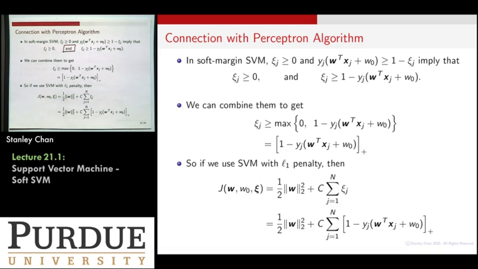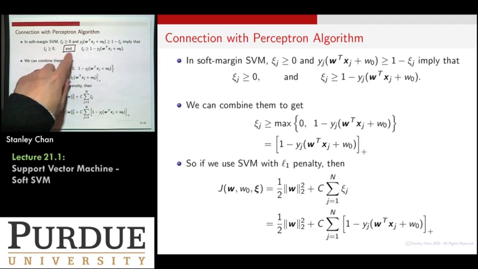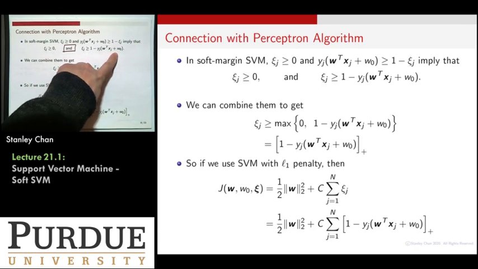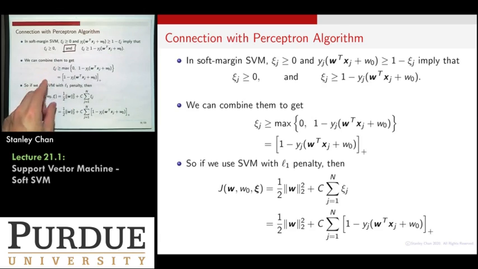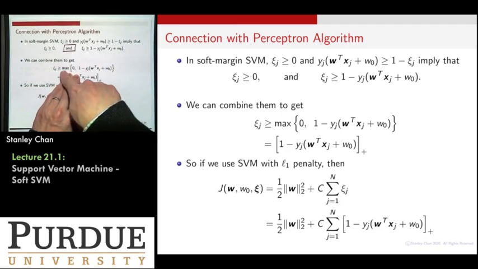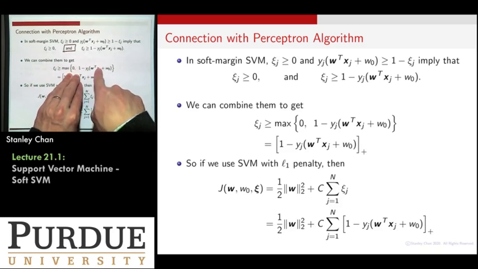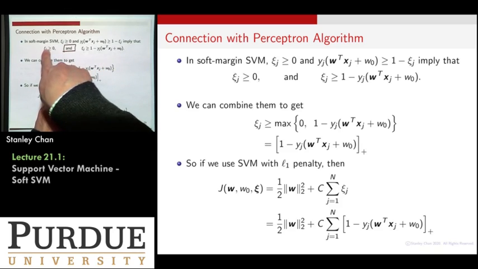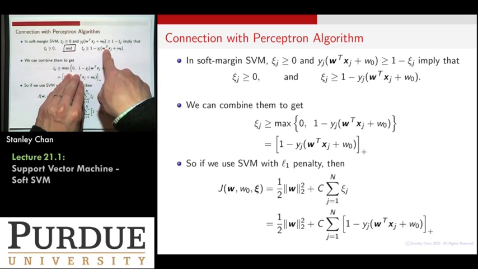You want psi to be bigger than 0 and psi bigger than this one. When will this happen? Well, this will happen if psi is bigger than the maximum of the two. If psi is bigger than the maximum of these two, certainly you will satisfy criteria 1 and criteria 2.